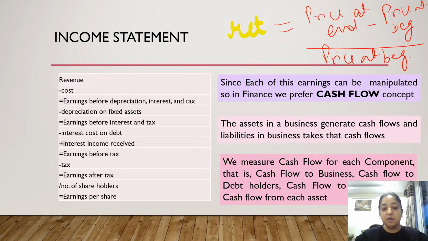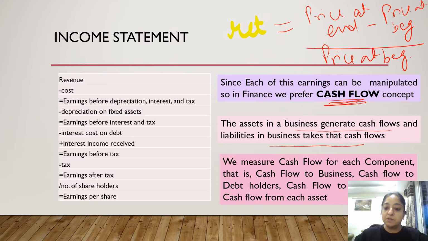Now from the income statement, let's understand, every time we talk about the return in a company, we will talk about the concept related to cash flow and we will not talk about pure earnings. Let's understand how a business generates cash. A business generates cash from utilizing its assets, and the business is going to pay that cash to the liabilities.